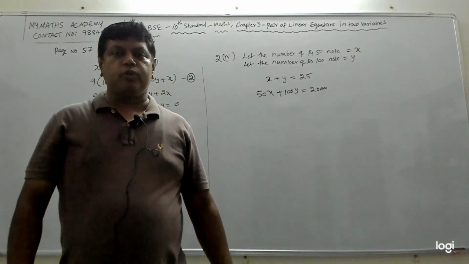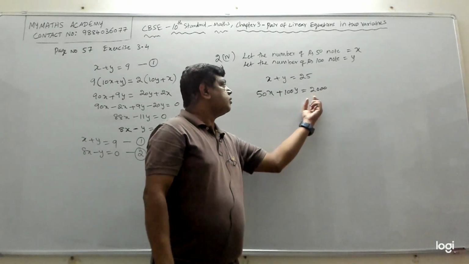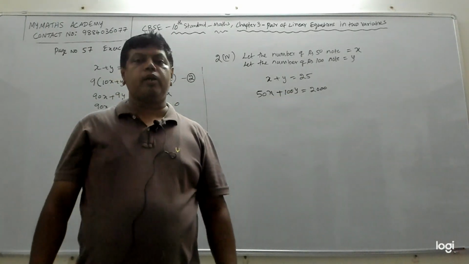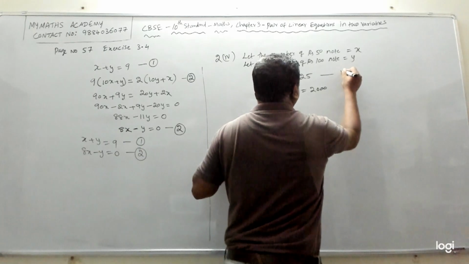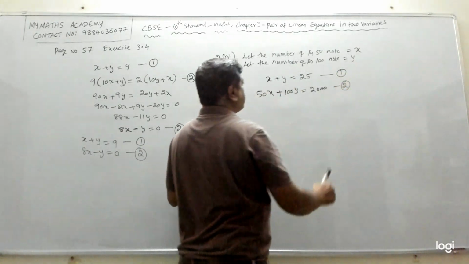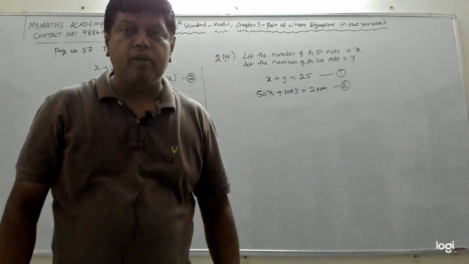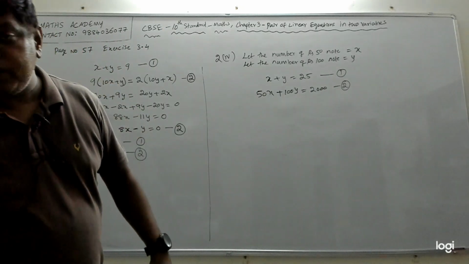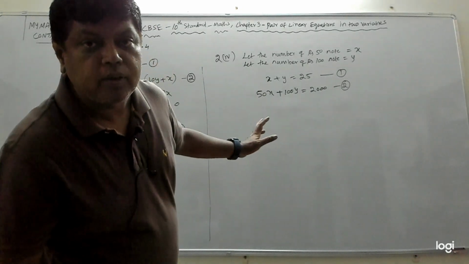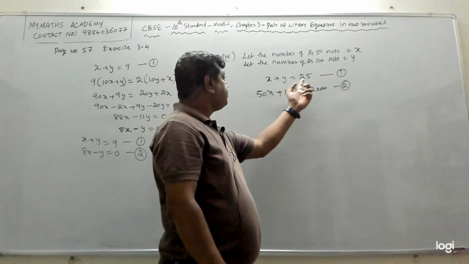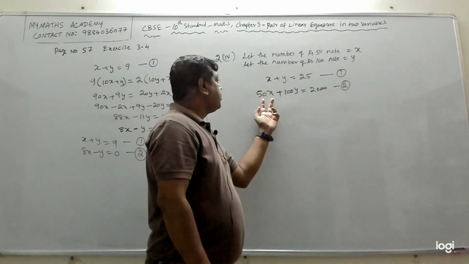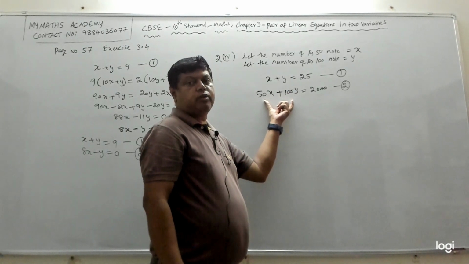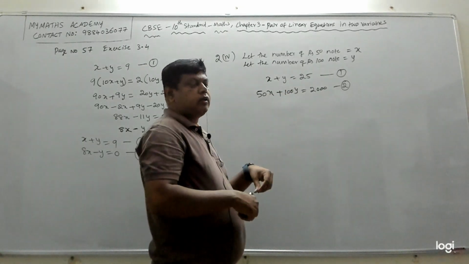So 50x plus 100y equal to 2000. So this is equation 1 and this is equation 2. Clear? Fine. So this talks about the number of the notes, and this is the total value of the money that she has got.